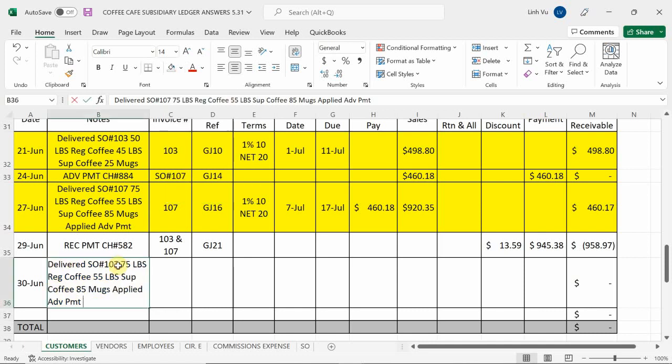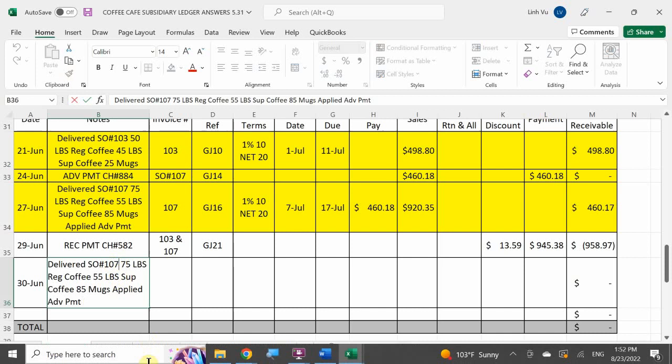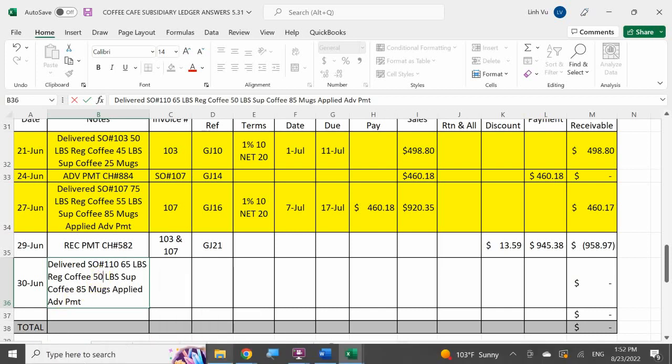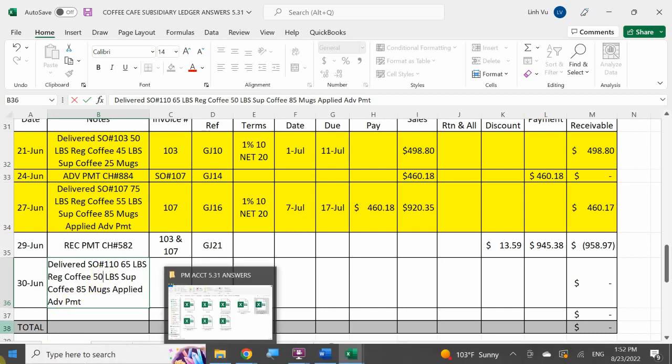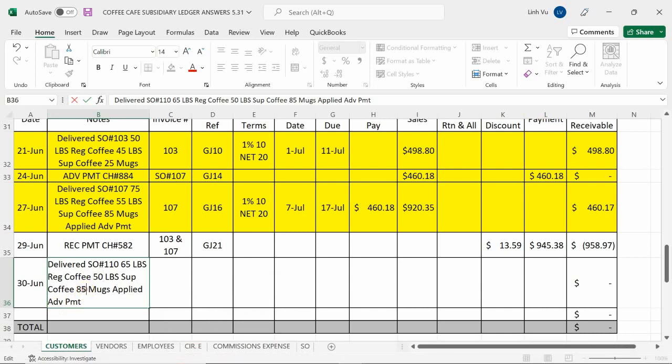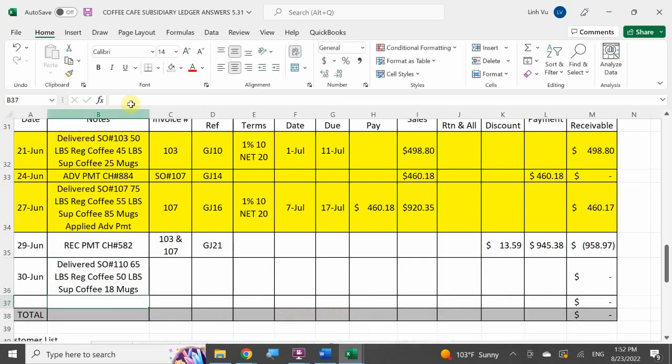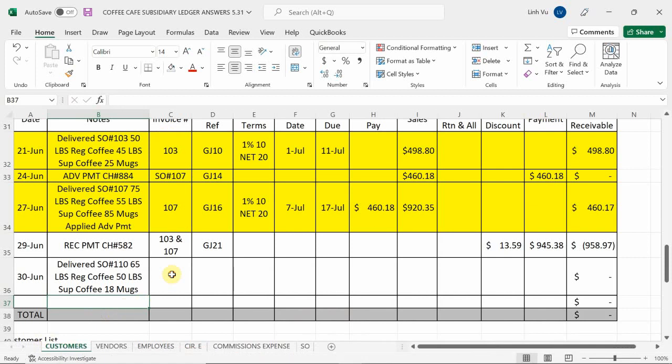It's delivery sales order 110. And then we sold 65, 50, and 80 mugs. And then it's invoice 110.